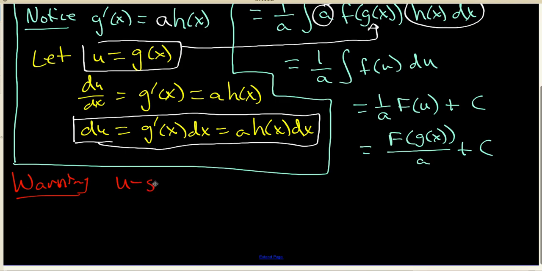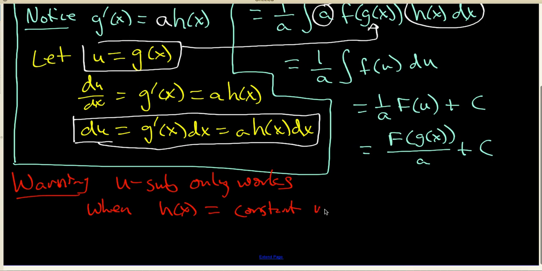So u-substitution only works when that h of x stuff inside the integral is a constant multiple of the g prime, where g of x has been called u. In other words, if I have anything else missing inside the integral, I can't do u-substitution. We will look at that in an example in another video, but I want you to have this warning down in your notes.